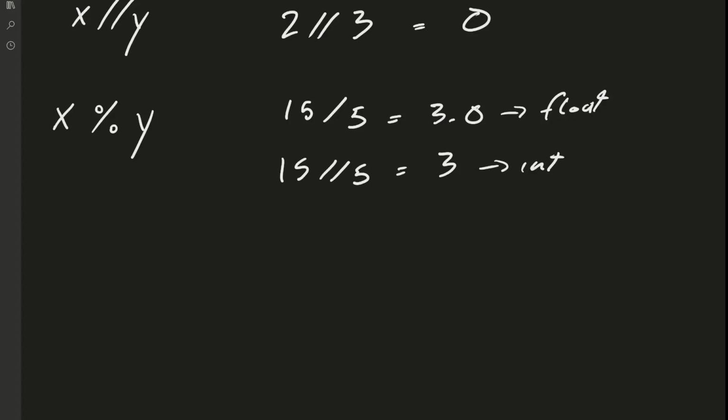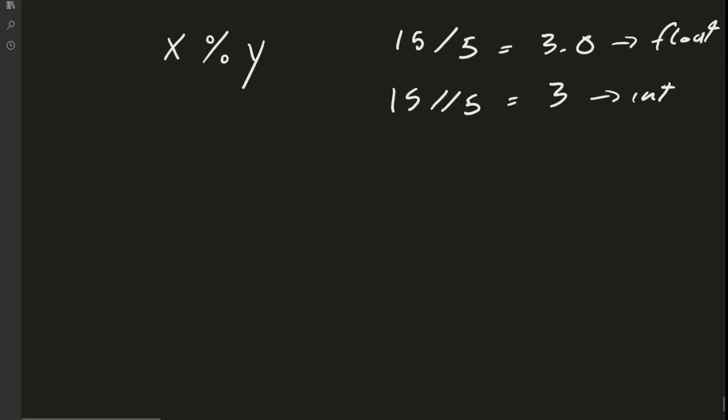Now let's look at something interesting: the modulus, or remainder. If we take 10 mod 3, what would you think Python would return? Python is just returning the remainder, what is left over when you divide by 3.